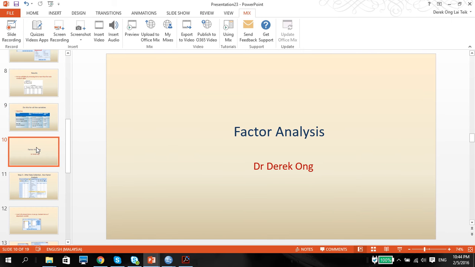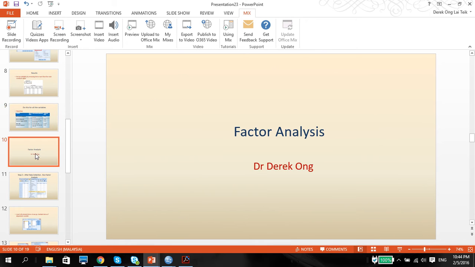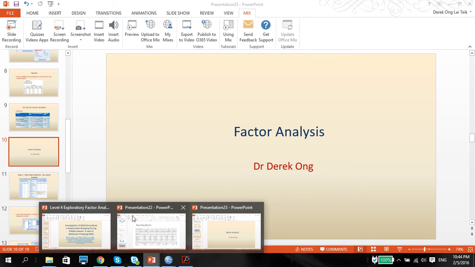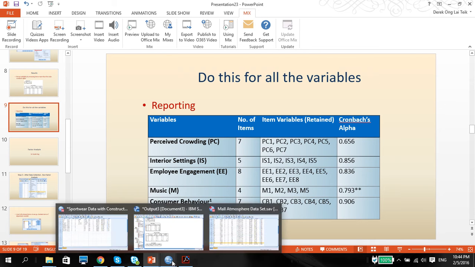And once my data is in, I need to do a factor analysis, or more commonly the confirmatory factor analysis, to ensure that my factors are good factors represented. So I'm going to take this and do my factor analysis on the variables.